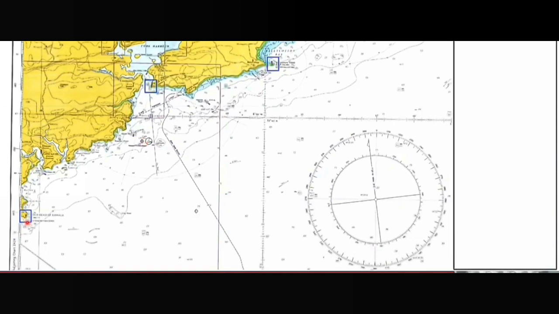However, to keep the plotting simple and avoid crisscrossing of the plot, it is advised that you pair the middle object with each of the other two objects. What we mean is, in this case, Roche's Point is the middle object you can see on the chart lying between the two. So we can form two pairs, one between Old Head of Kinsale and Roche's Point, and another between Roche's Point and Ballycotton Island.